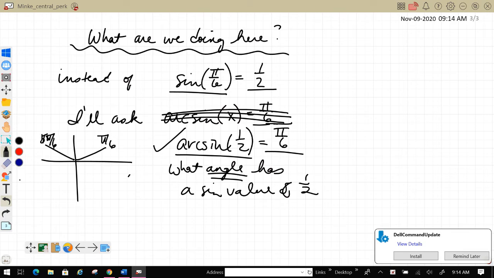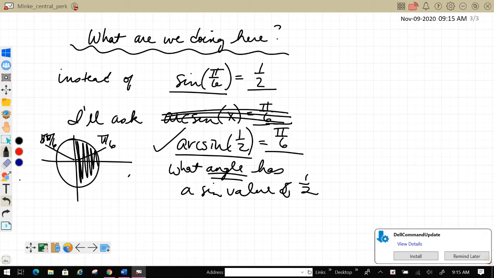The reason we're not going to pick 5 pi over 6 is because of the shading that you just did on your paper. When we did sine, we said that arc sine has to be from these 2 quadrants only. So when I give my answer, I'm only going to give that answer. Does this make sense? Even though it shows up more than once, we're only going to give it from there. Keep that in mind.